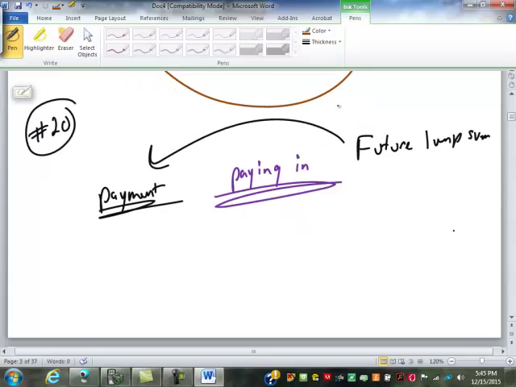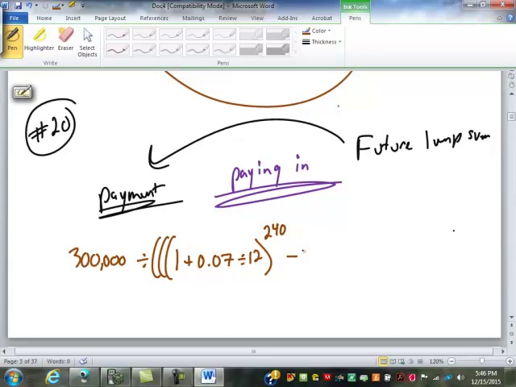So when we have that future value, we take the future value divided by our factors. So it's 300,000 divided by open parentheses, 1 plus our interest rate, which is 7%, so 0.07. And this is going to be monthly, so divided by 12. 20 years monthly is 240 periods, so the power of 240. And then our formula just says you subtract 1, close the parentheses, divide by, and open the parentheses.